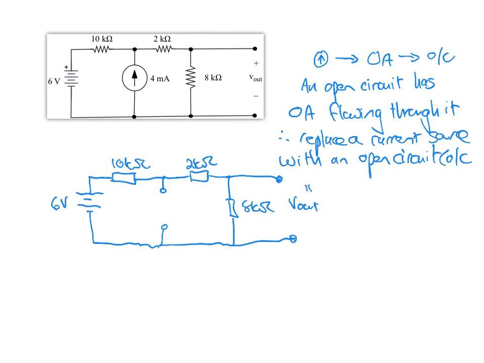And so you can see that over here, where this open circuit is, there's 0 amps flowing here. So therefore, the current source has been turned off.